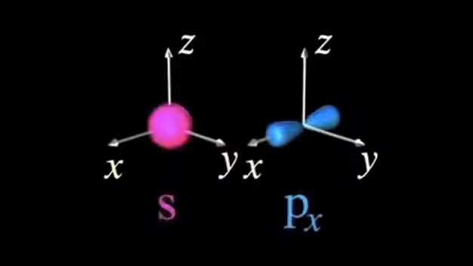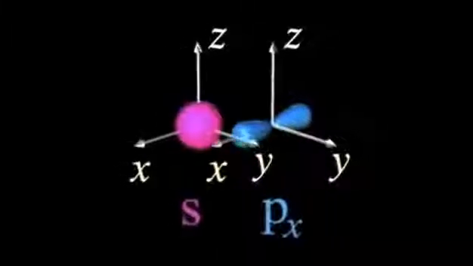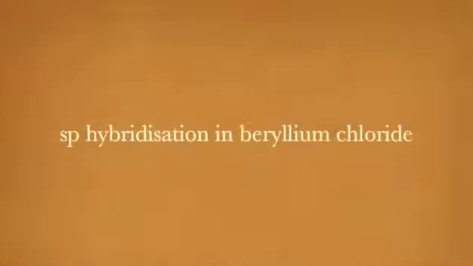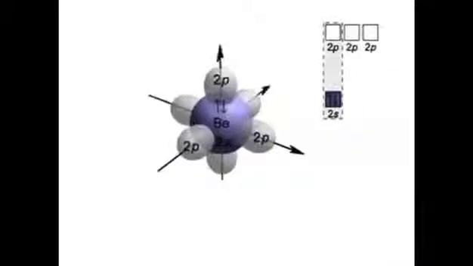When we mix an s and a px orbital, we produce two hybrid orbitals called sp pointed in opposite directions along the x-axis. Putting these ideas together, we can imagine the hybridization process for BeCl2 is something like this. The isolated beryllium atom, with its filled 2s and empty 2p's, is shown with the small box diagram above.